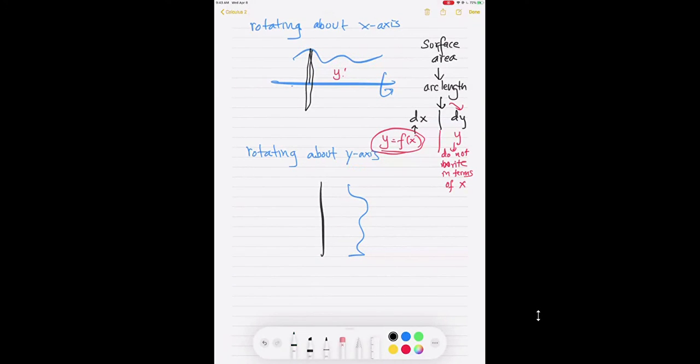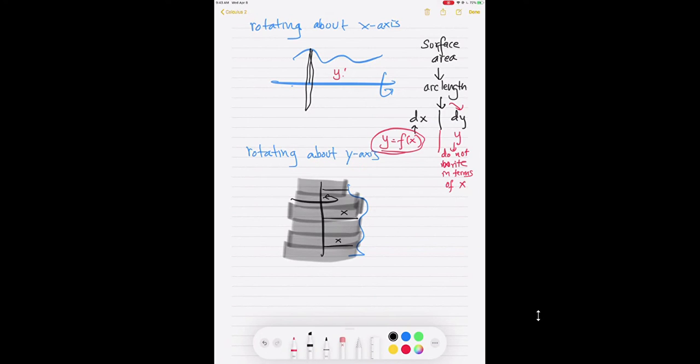So if we're going about the y-axis, then you agree the radius is x in each case, isn't it? And then the same thing, when you are computing the surface area, and I like to play with this one, so I'm going to grab my brush. Here it is. So here is that surface that you generated with this one.